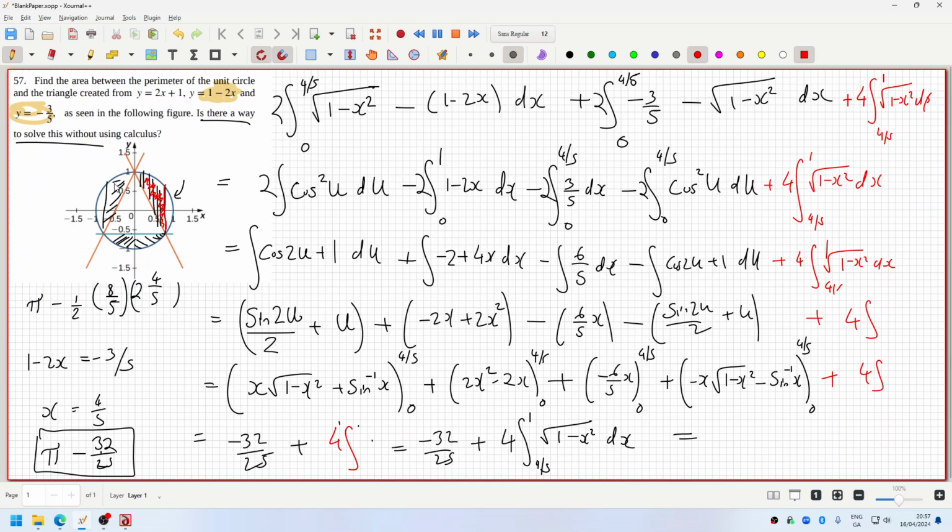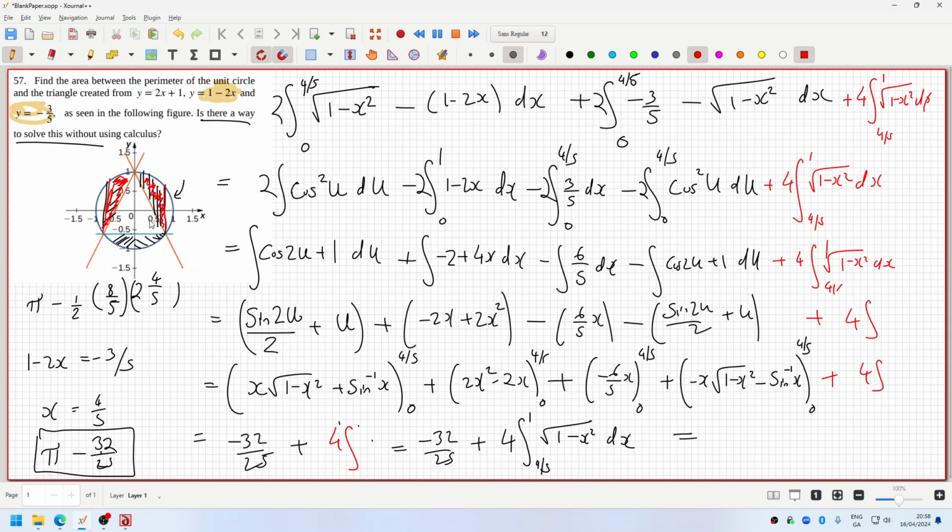And then I multiplied by 2 to get that piece. Okay, so that's fine. And then plus the line, minus 3/5.